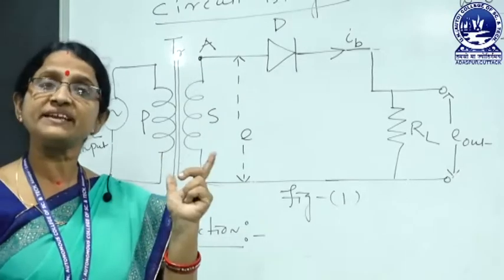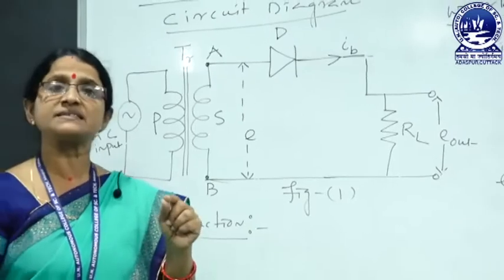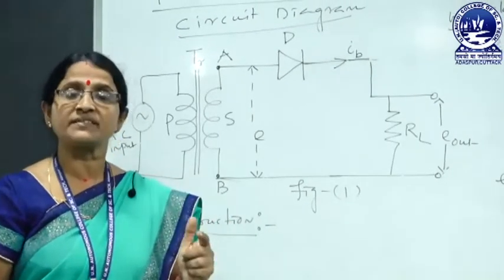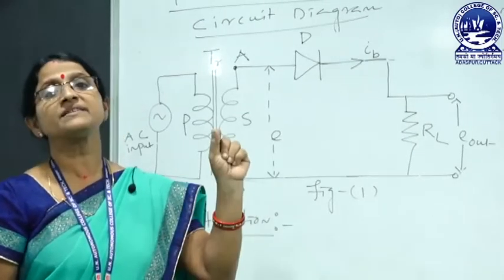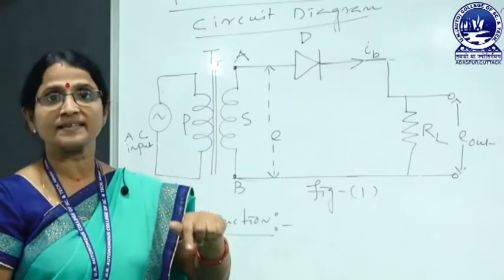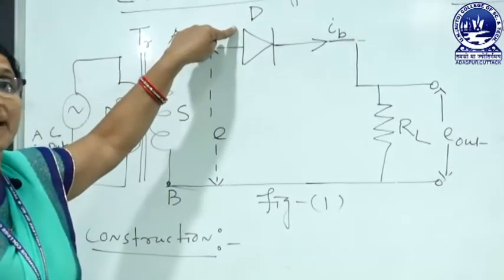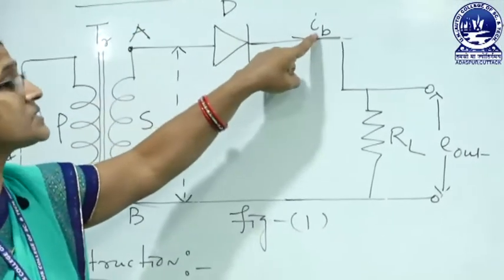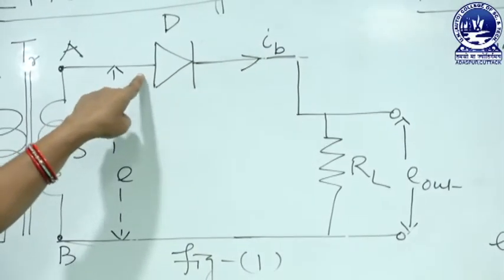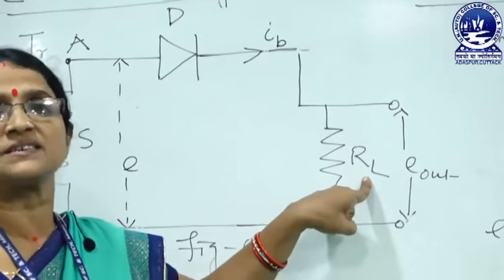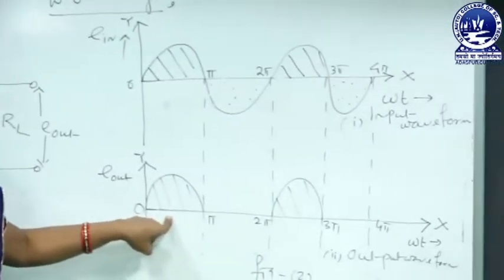We know the definition of forward biased: the external voltage is applied in such a way that the potential barrier is cancelled and the current flows sharply. In that case the PN junction diode is forward biased and the instantaneous current IB flows through the diode D, then through the load resistor RL. So this is the waveform for the positive half cycle.